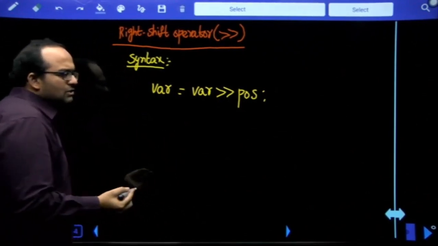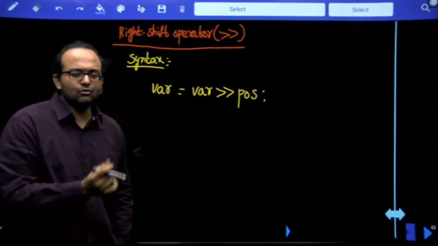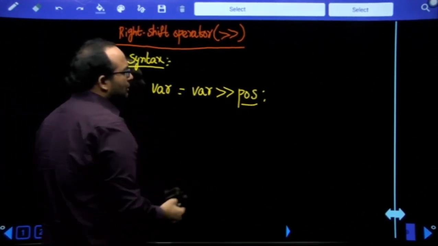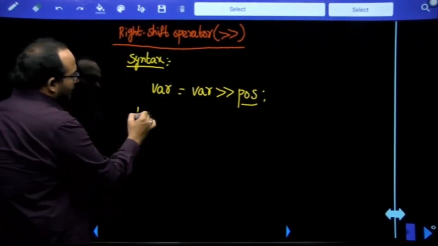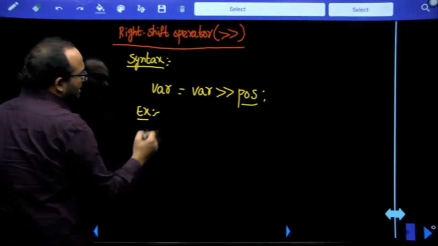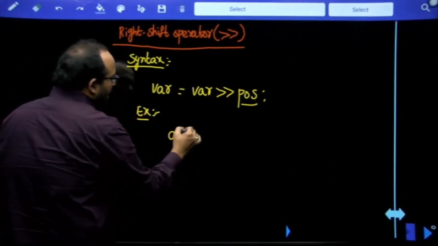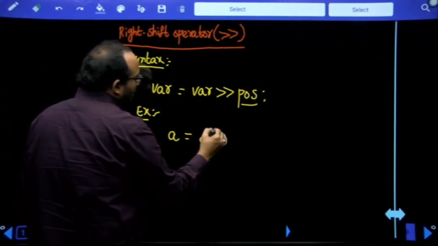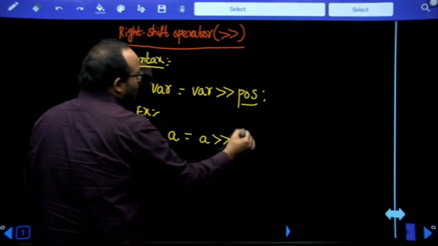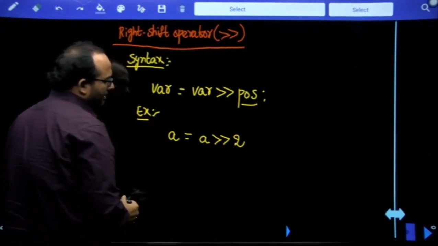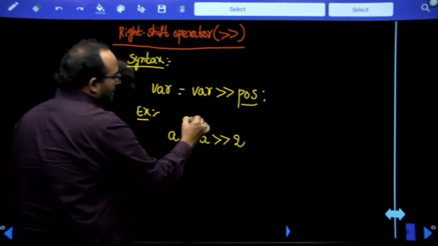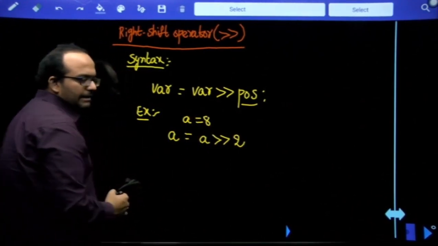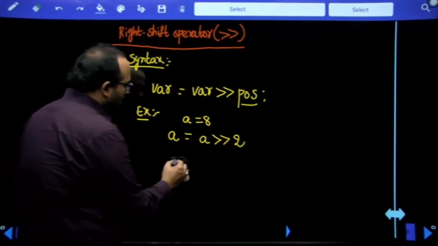How many positions you want to move the bits towards the right-hand side is specified in the position. An example for this is a is equal to a right shift by 2 positions. Consider a is equal to 8, then a right shift by 2 positions.